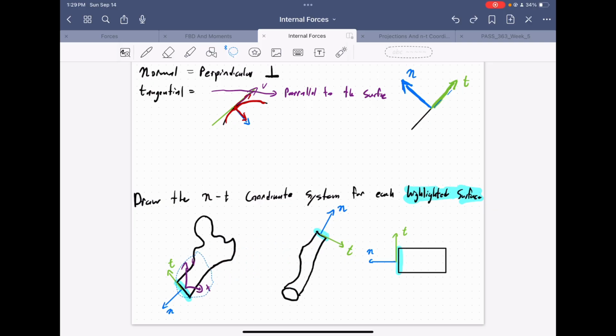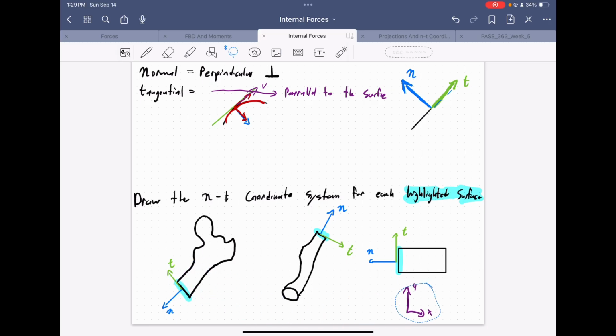And then here, that again is different than here. That normal vector is always perpendicular. In these cases, it's always in line with that body of the bone, right? Whereas this is not in line with that body of the bone, that long axis, as well as this.